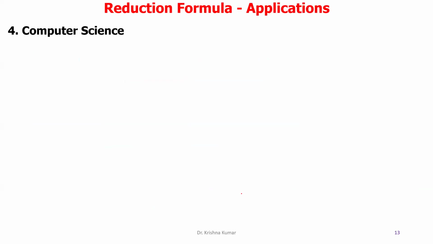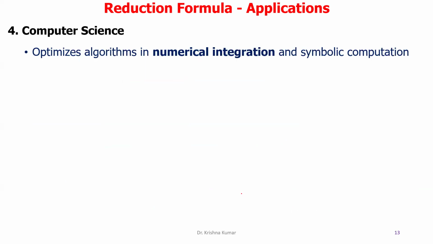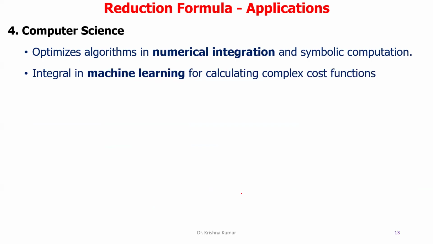The fourth application of the reduction formula is in computer science. It optimizes algorithms in numerical integration and symbolic computation. Also, integrals in machine learning for calculating complex cost functions. So these are the two main applications in computer science.